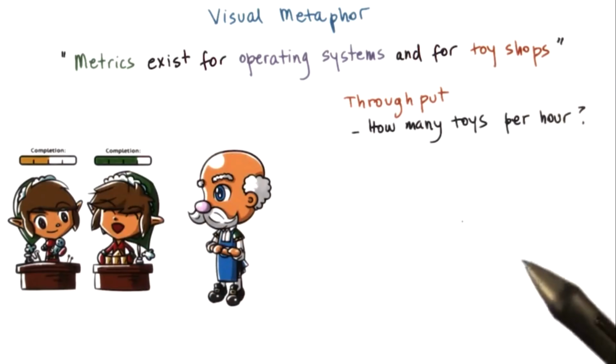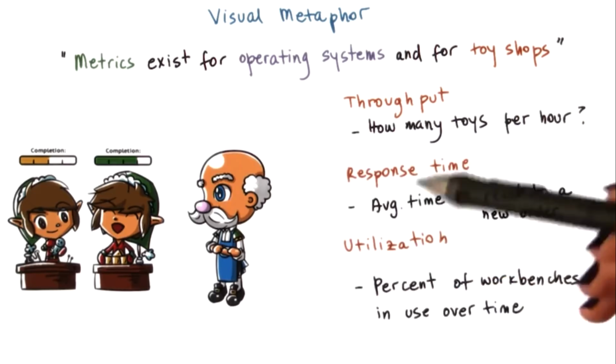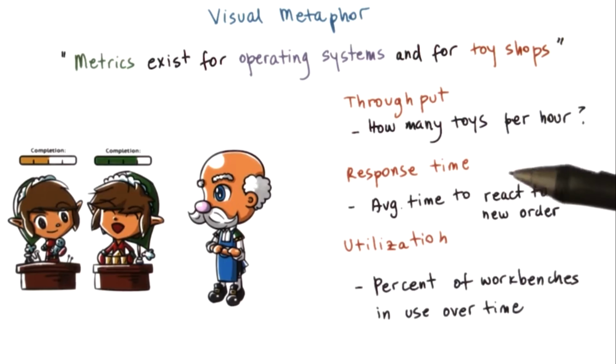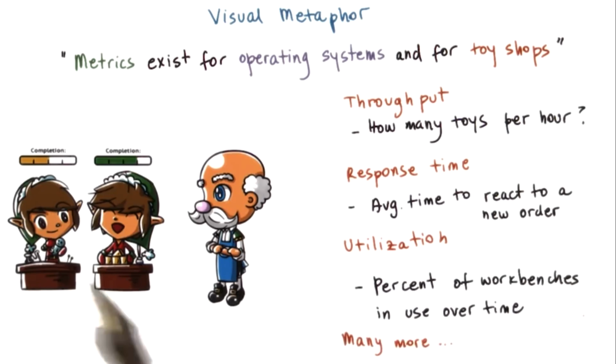The toy shop manager would want to make sure that this is as high as possible. Other things that may be important for the toy shop manager include how long it takes to react to a new order on average, or what is the percentage of the workbenches that are used over a period of time.